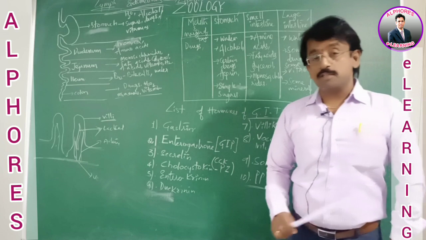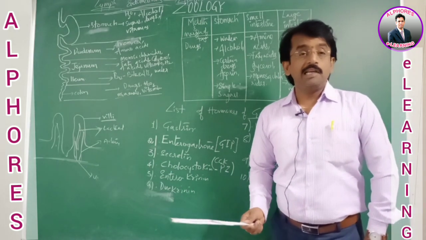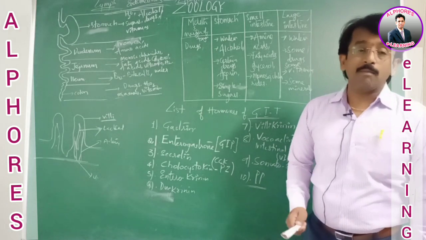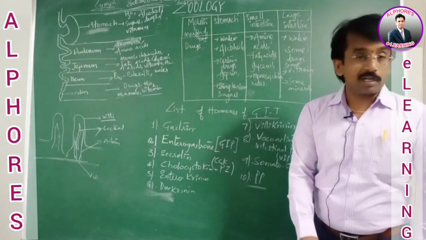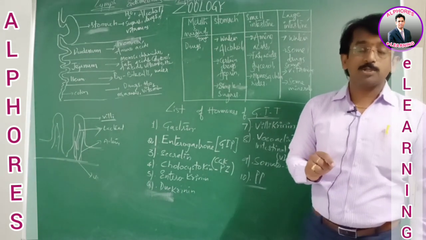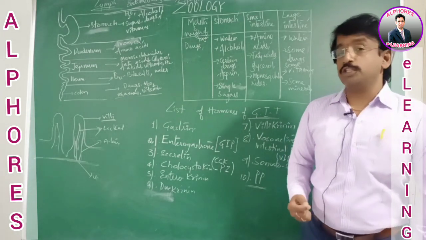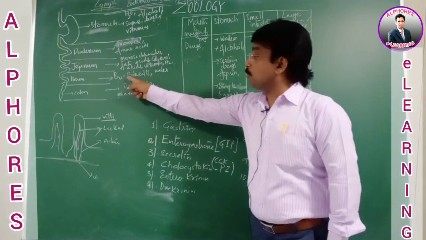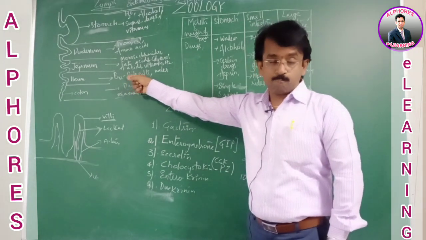HCl is for killing bacteria, converting the inactive into active forms, and sometimes opening the pyloric part into the intestine, and providing acidity for protein digestion. So here cyanocobalamin absorption is aided by the intrinsic factor.